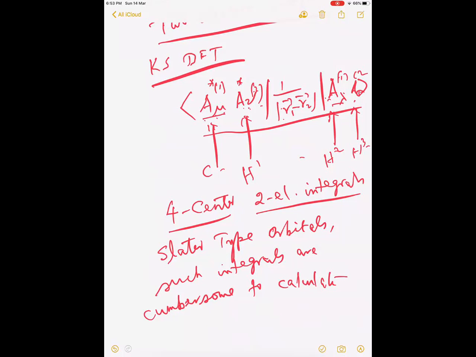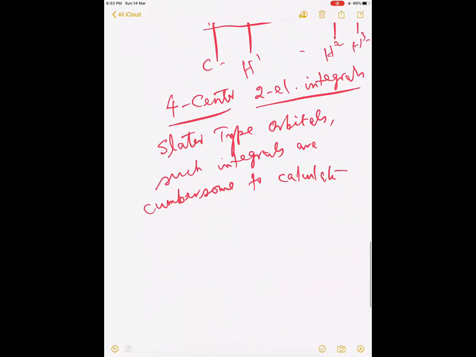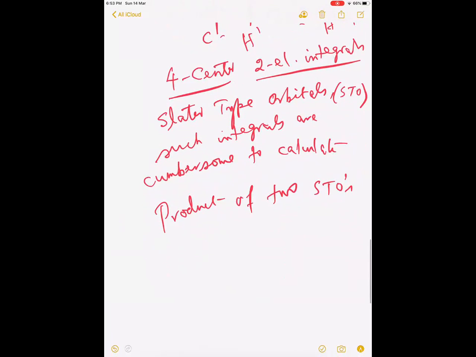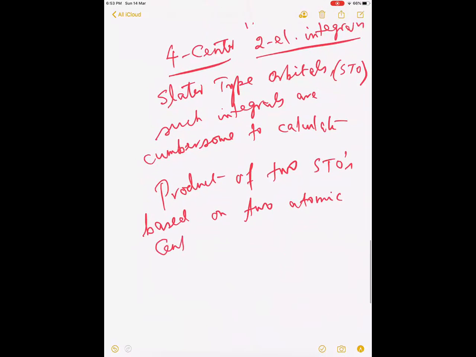But that is not possible for Slater, simply because a product of 2 STOs based on 2 atomic centers is not an STO.